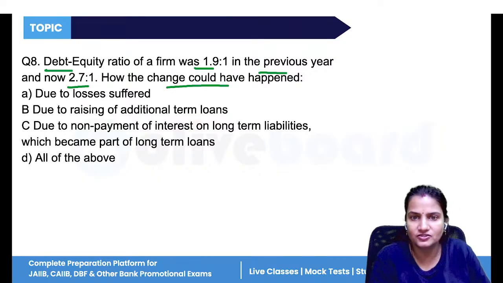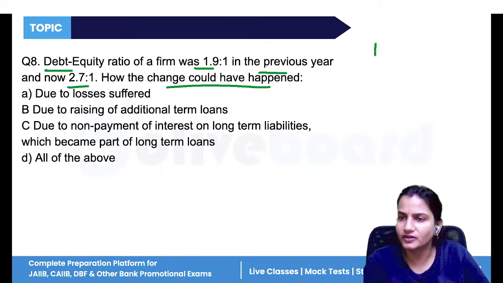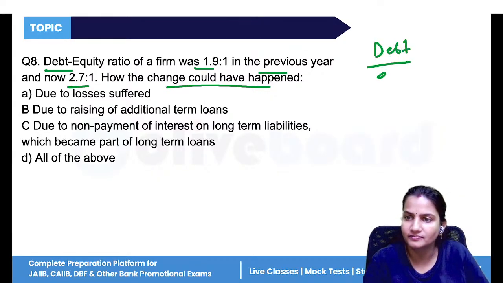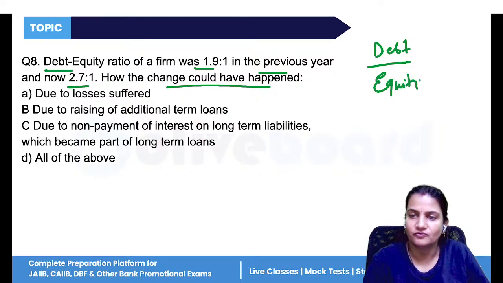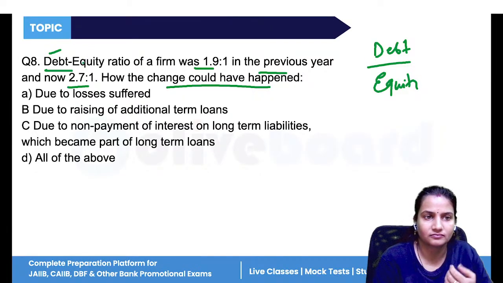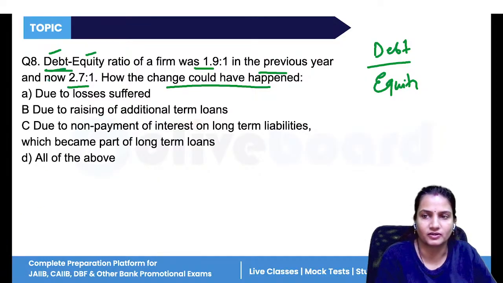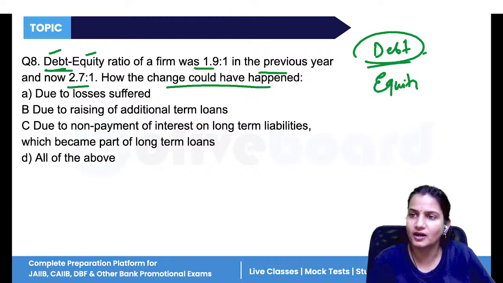Now, how could the change have happened? See, what the question is saying, debt equity ratio means debt upon equity, means what is the composition of debt in your company and what is the composition of equity in your company. So if you are having more debt in your company, it means the company is not a healthy company. Debt means a loan.